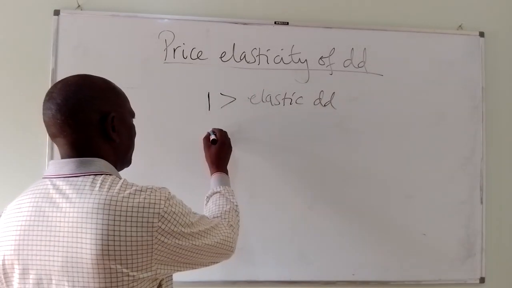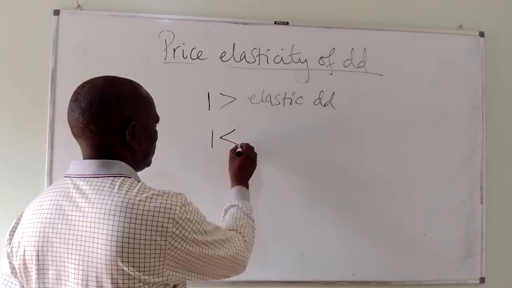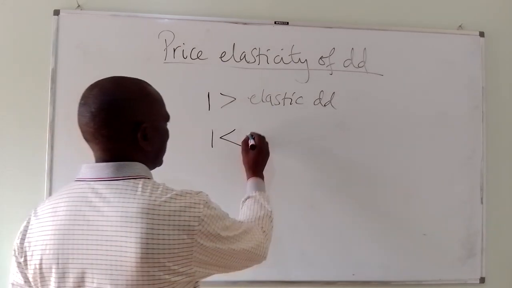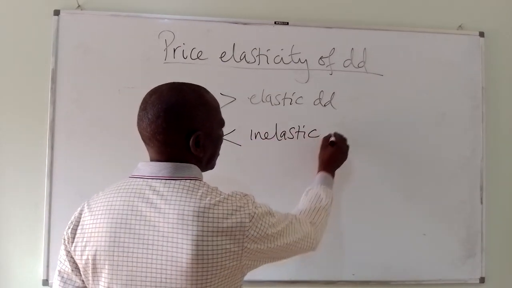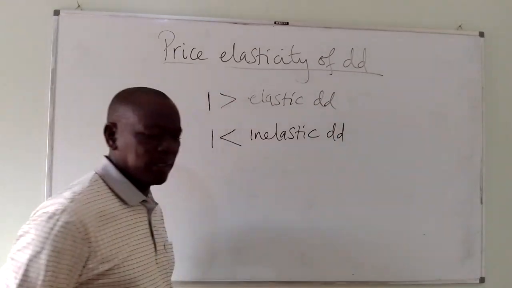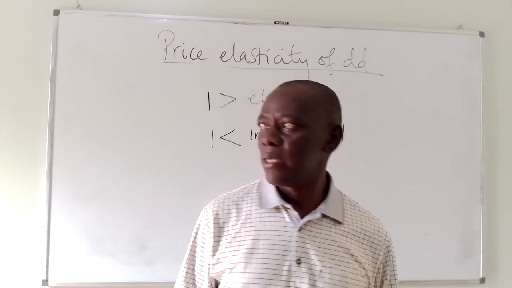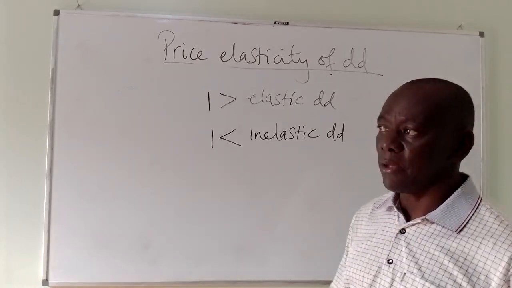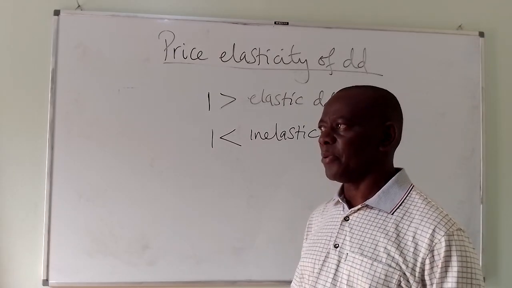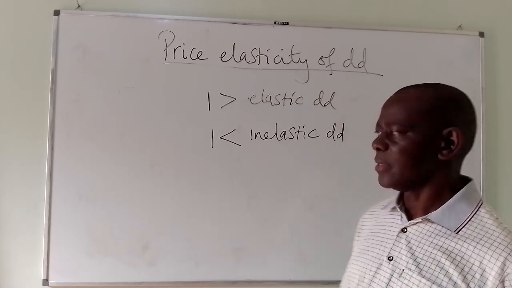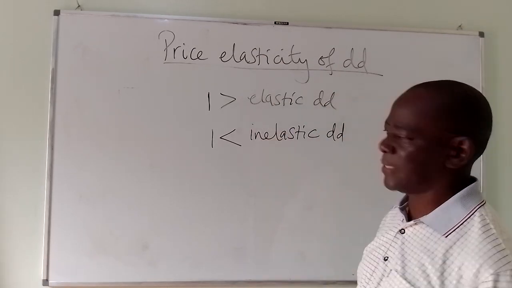Anything that is below 1 is called inelastic. If you calculate and the figure is below 1, you can calculate and find that the figure you have finally got is 0.8, is 0.4, it is less than 1. Then we say it is inelastic.